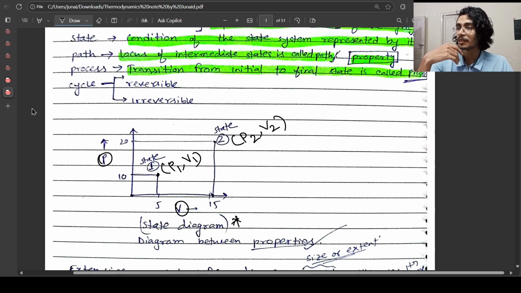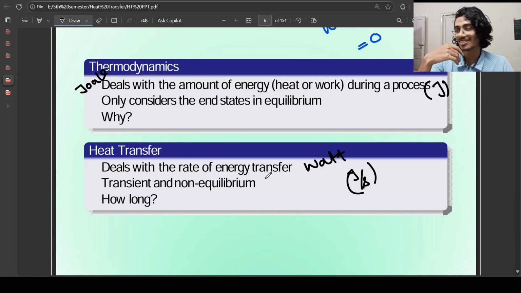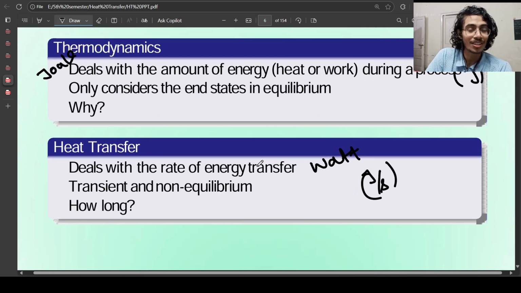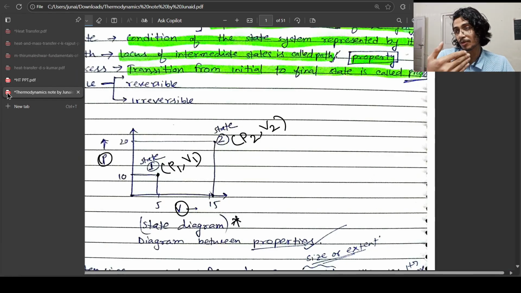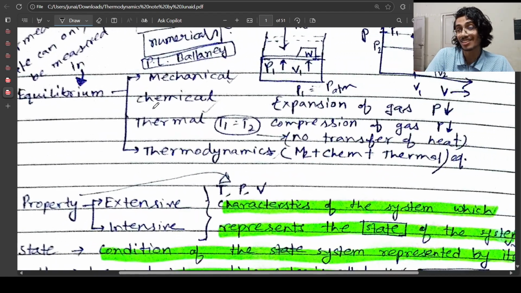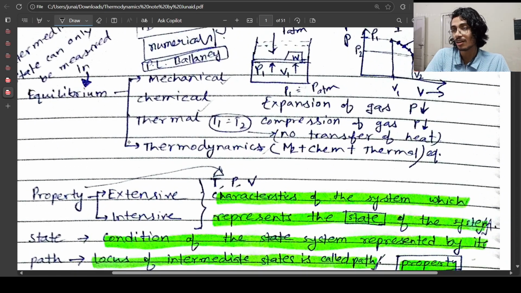Now let's go back to this slide and study the most important thing: in thermodynamics we only considered the states in equilibrium. There are different equilibrium conditions in thermodynamics. This is my own note from when I was a third-semester student.